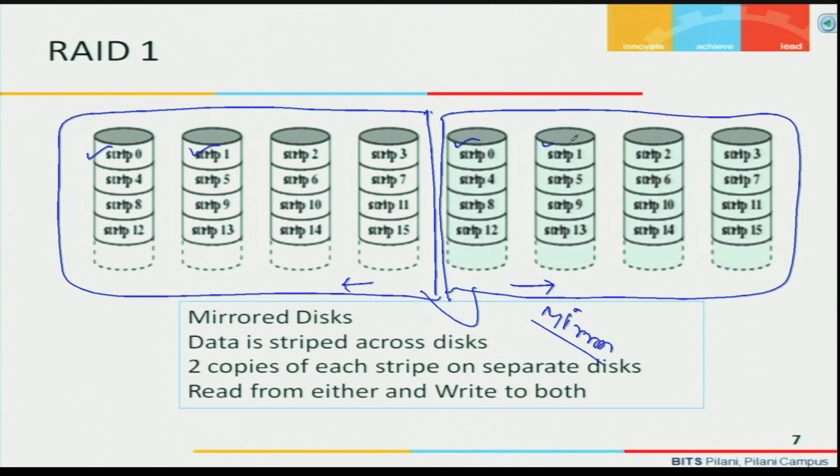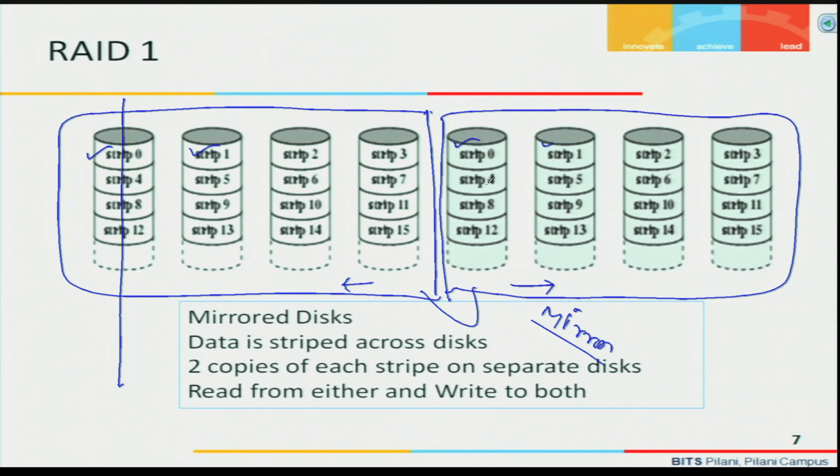So, read and write operations. Read can be done from either of these, so high availability of the data is there. In case one disk fails, let us say this disk fails, then data can be accessed from this disk and its copy can be created with the help of this disk.